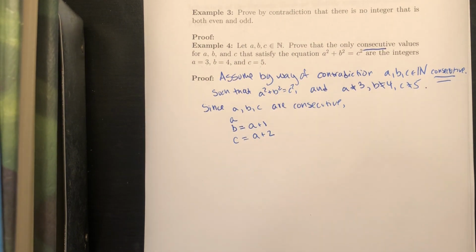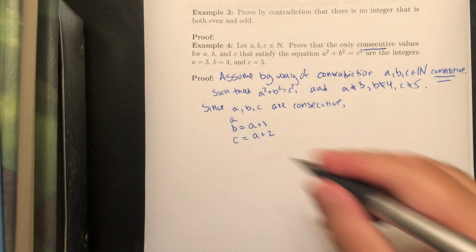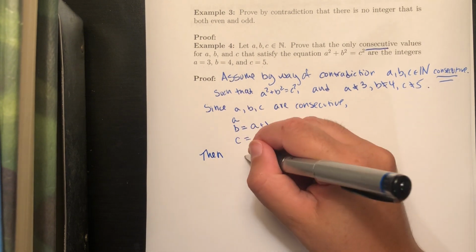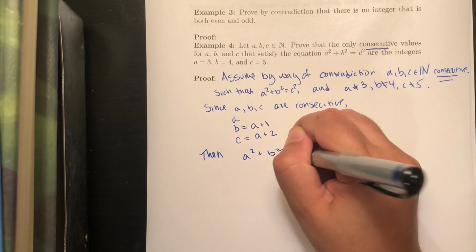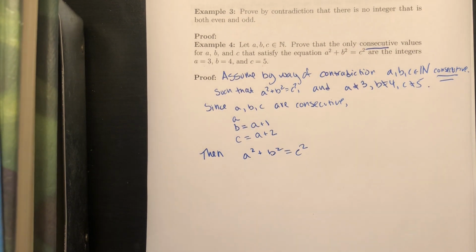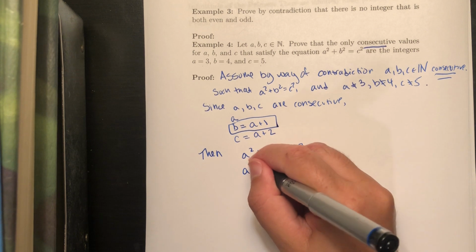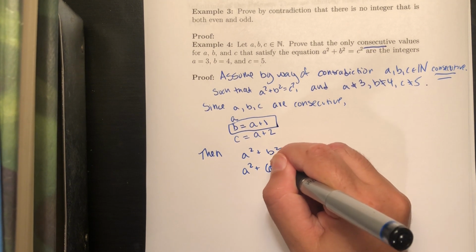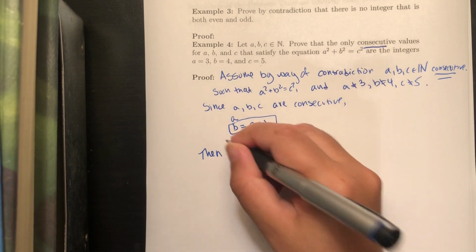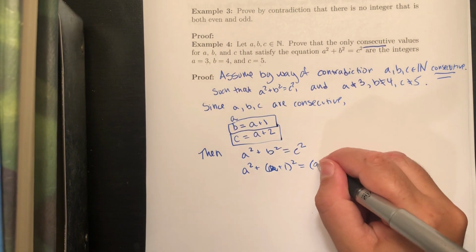That's what it means for these three numbers to be consecutive. They come right in a row: a plus 1, a plus 2. So then we would have, since a squared plus b squared equals c squared, I could rewrite this, replacing b with a plus 1, and replacing c with a plus 2.